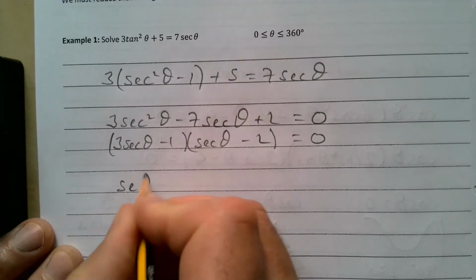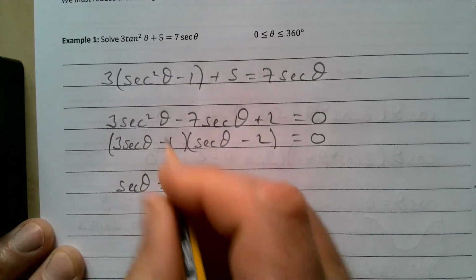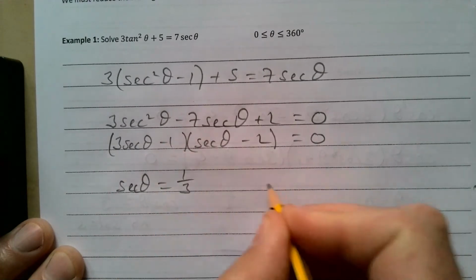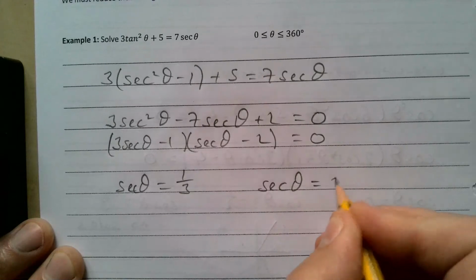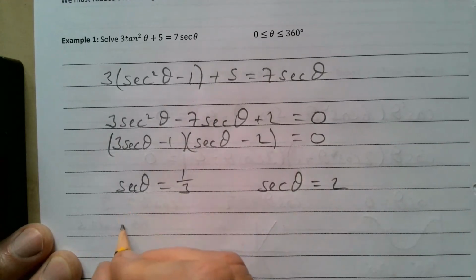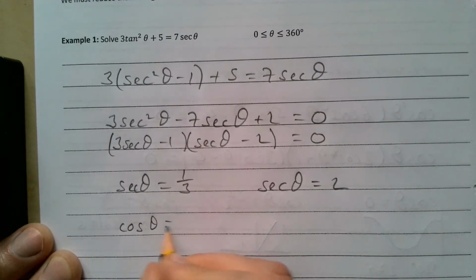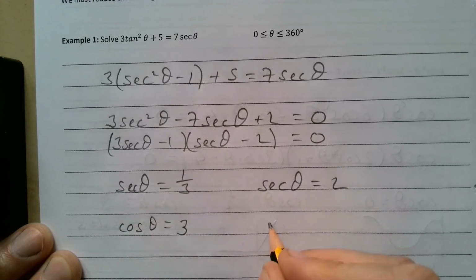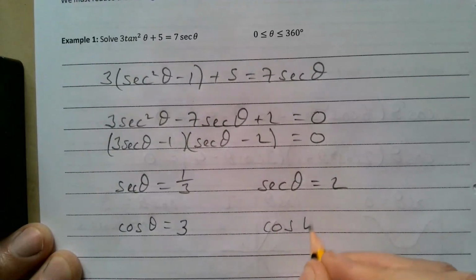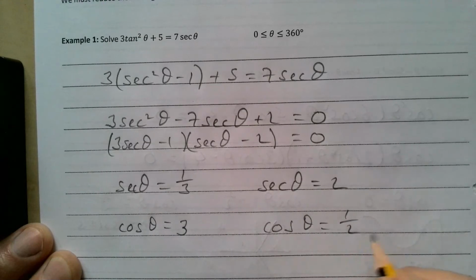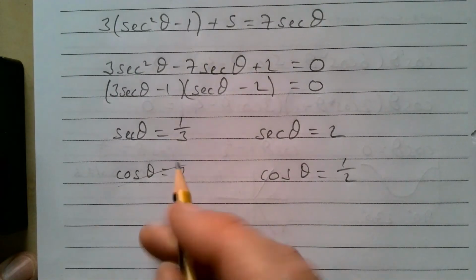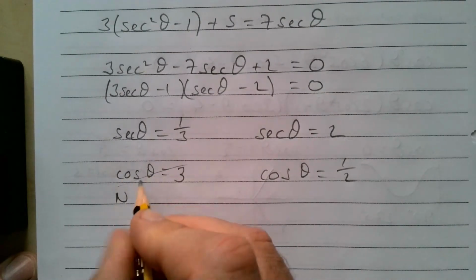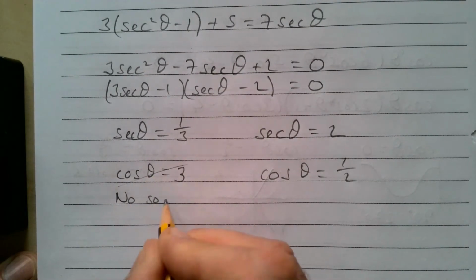We have sec theta equals a third, and we have sec theta equals 2. That means we have cos theta is 3, or we have cos theta is a half. Cos theta equals 3 is going to have no solutions. We can't have cos being more than 1, so there's no solution for that.